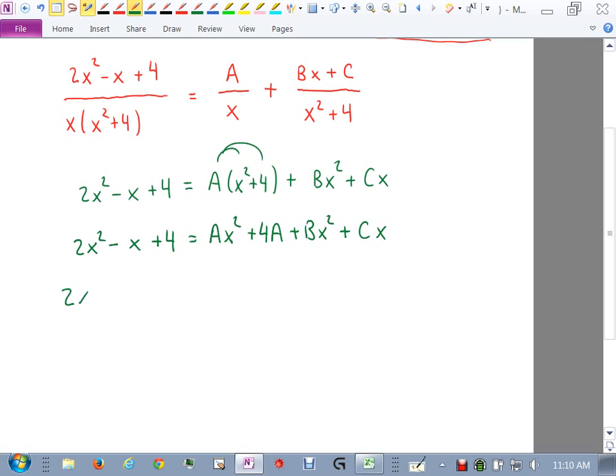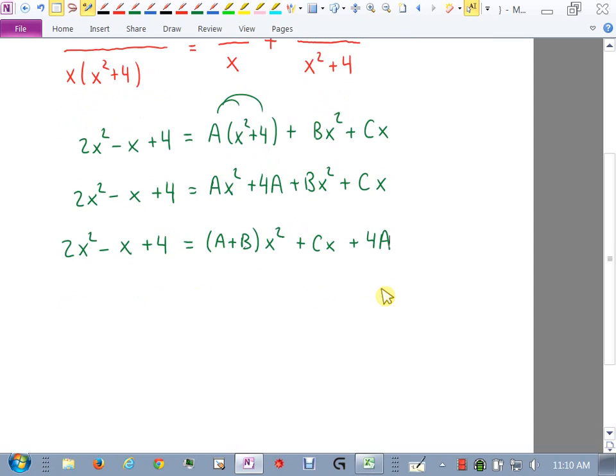So we have 2x squared minus x plus 4 must be equal to, so can I do A plus B x squared and then plus Cx and then plus 4A. And now we match up coefficients.